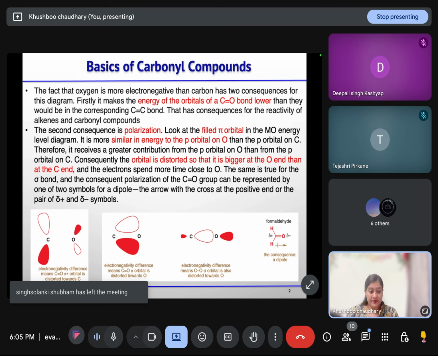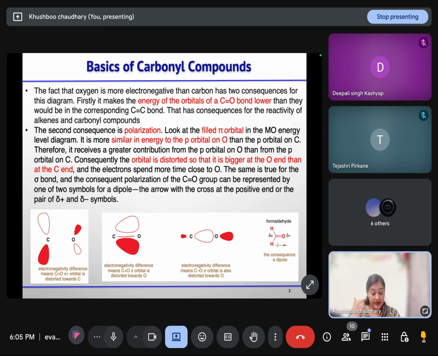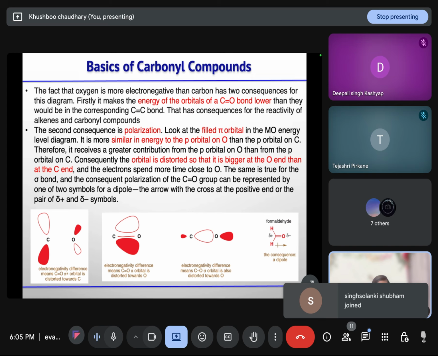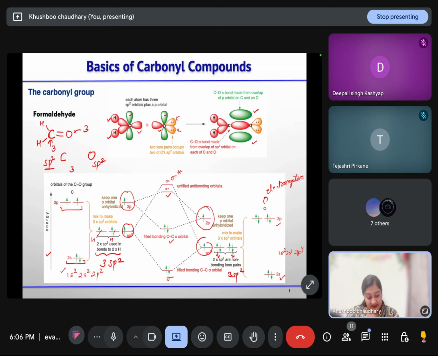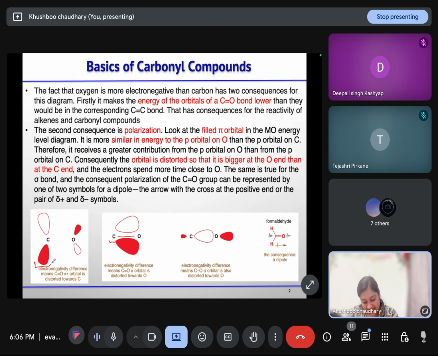Okay, so based on the molecular orbital diagram, we come to know that the electron density of this carbon-oxygen bond is more towards the oxygen and less towards the carbon. And if we look at the pi star orbital, it has more contribution from the carbon. The anti-bonding orbital has a major share on the carbon.